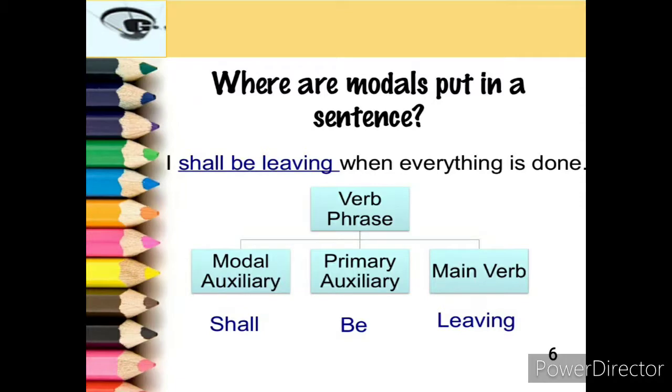So, where are modals put in a sentence? That is very important to understand. So we have a modal auxiliary, we have a primary auxiliary, and we have a main verb. So shall is a modal auxiliary, be is the primary auxiliary, and the main verb is leaving.